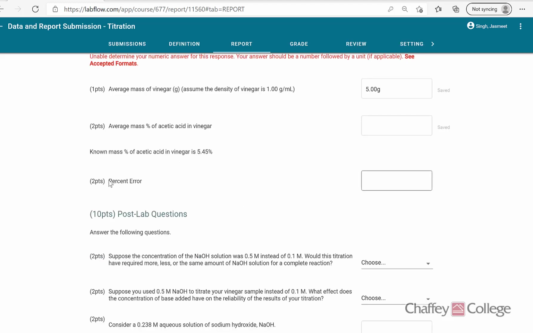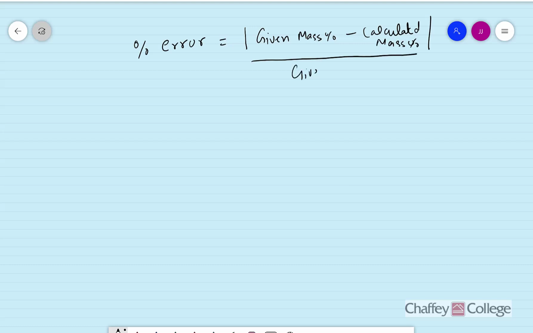And finally, we need to calculate the percent error. Percent error can be calculated using the formula given here. Percent error is equal to given mass percent minus calculated mass percent divided by given mass percent multiplied by 100.